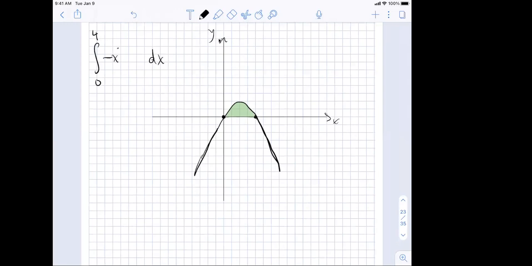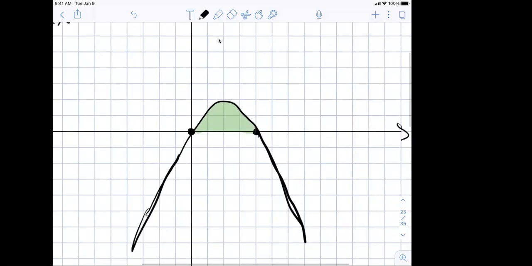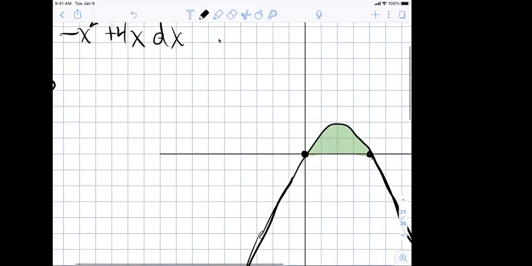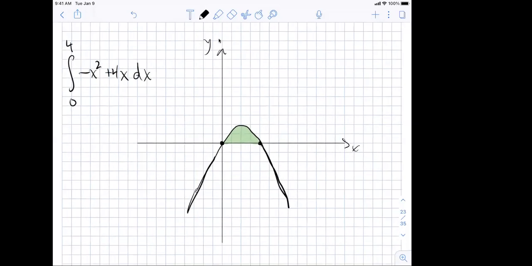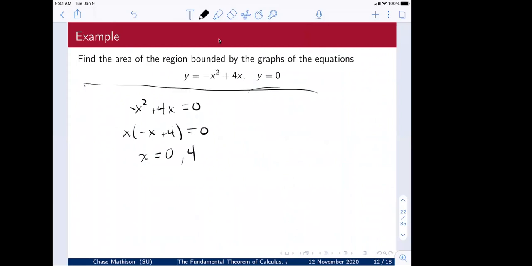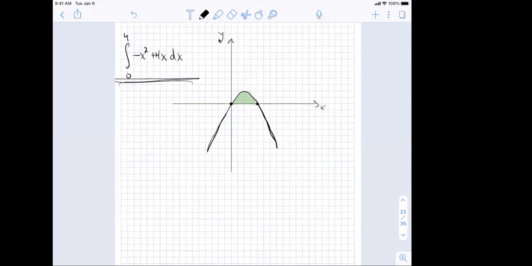Perfect. Negative x squared plus 4x, right? Because this green region is just the area underneath the curve y equals negative x squared plus 4x. And we're doing that between x equals 0 and x equals 4. So the translation of this problem into a definite integral is just this. Okay. So let's try to compute this really quick.